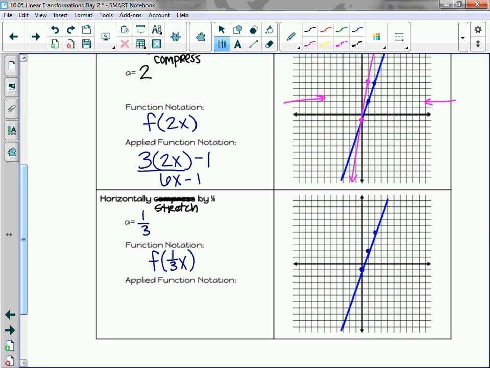So let's apply our function notation. 3, and remember wherever your x is, it's going to be 1/3 of that, minus 1. Well, 1/3 times 3 is just 1. So you can write 1x minus 1 or just x minus 1. So your slope.